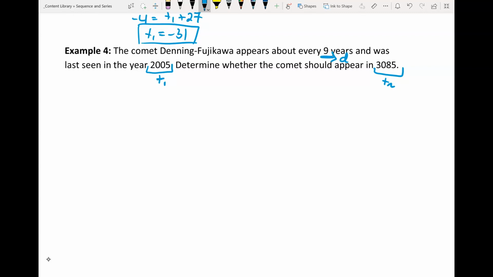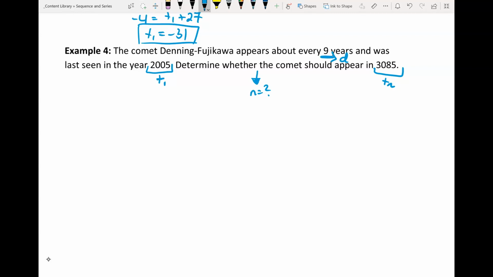And then what we're looking for is n. The reason why we're looking for n, because if there is a whole number for n, that means for sure that this comet is going to appear in 3085. If we get a decimal number for n, we can't have an nth term be a decimal or fraction.